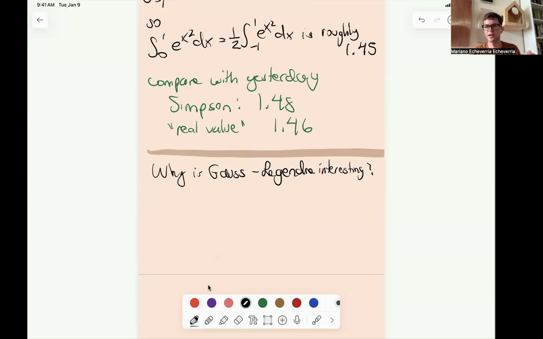The answer is exact. And in Simpson's rule, the answer would have been exact for a quadratic polynomial. So here, just like yesterday, the n+1 Gauss Legendre is exact for a polynomial of degree n.